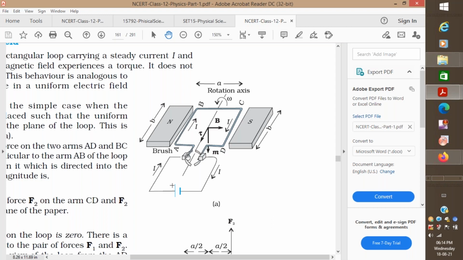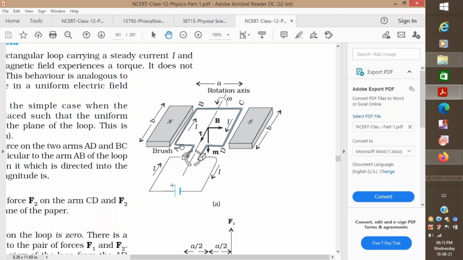The slip rings are attached to the two ends of this current carrying rectangular loop, A and D. There are two carbon brushes, and those carbon brushes are directly connected to the battery.